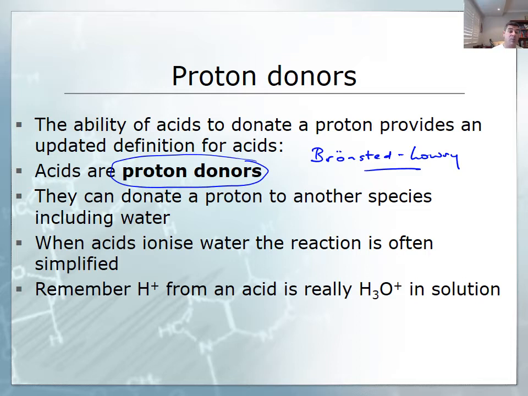When they ionize water, the reaction is often simplified, and that's the version that we've been looking at up till now. So we just need to make sure that we're aware of the fact that these two terms are effectively interchangeable the way that we use them, but it's more correct for you to actually use the hydronium ion rather than the H+ ion.